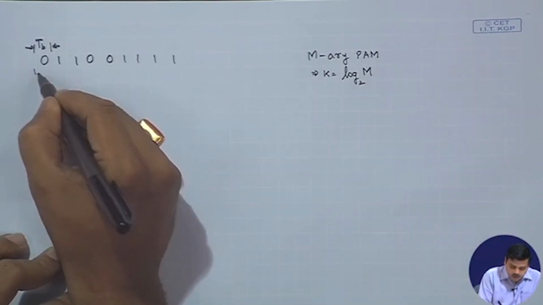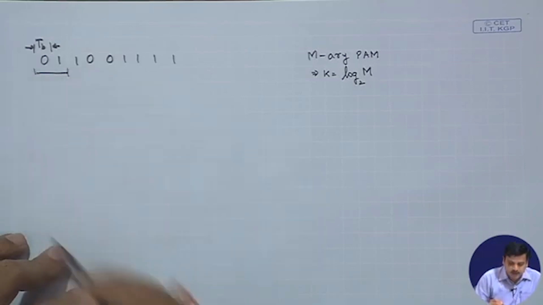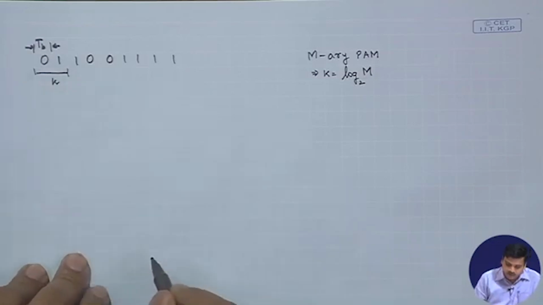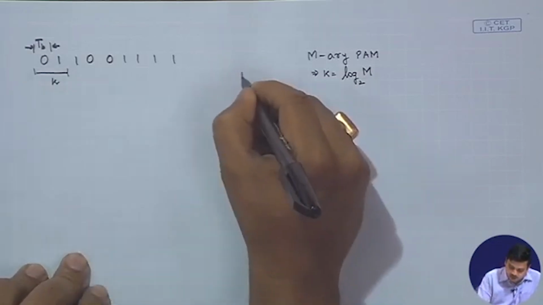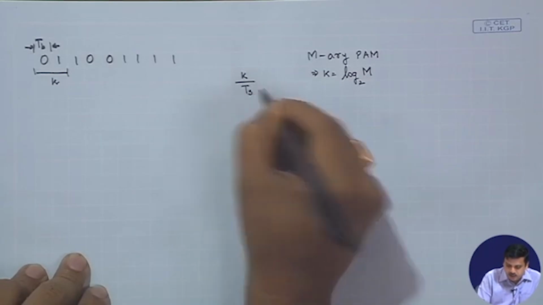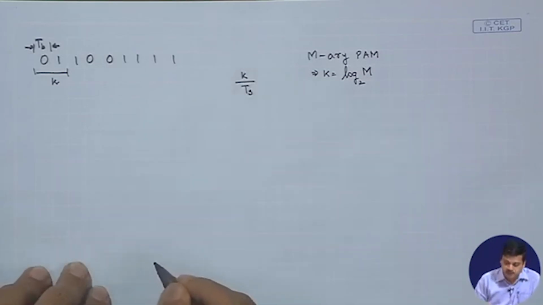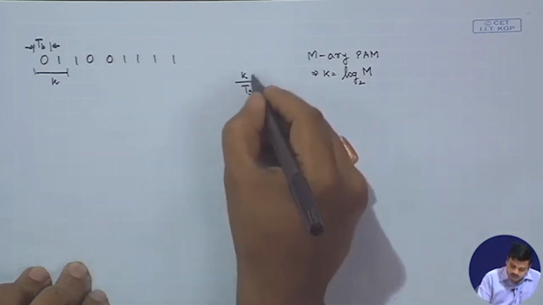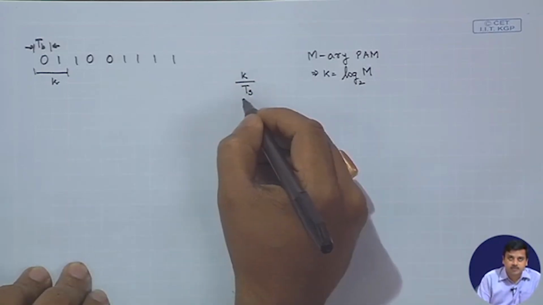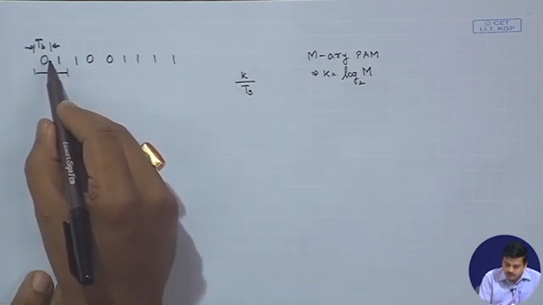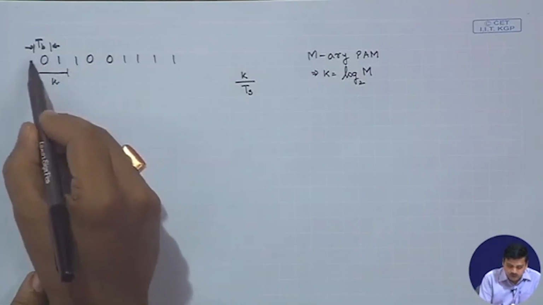So, if you are selecting, let us say, k bits, effectively you are sending k bits per symbol interval, right. This should be very clear, and the symbol rate or the bit rate will be k upon T s bits per second.